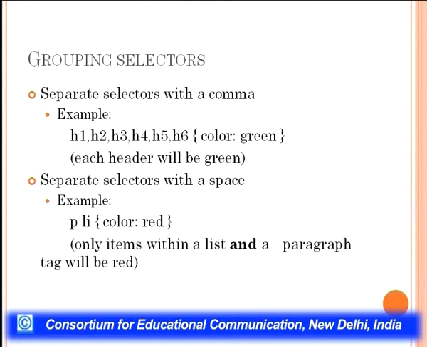Similarly, we can separate selectors with a space, for example P and LI, that is the list item, both will appear as red. For grouping the tags you can either separate them with a comma or just give a blank space, and then within the curly braces you specify the name of the property, you give a colon and you give the value that you want to give the property. Like font color is the name of the property, you put a colon and you give the color to the font that you may want.